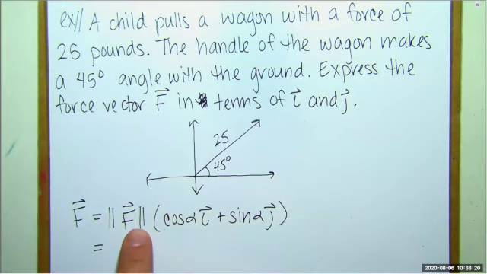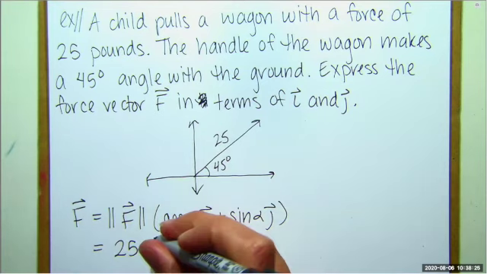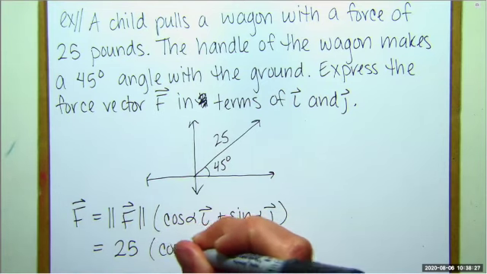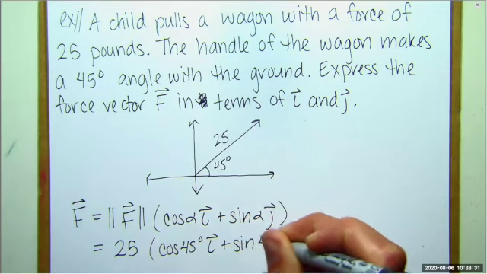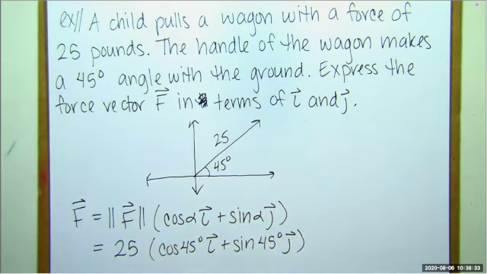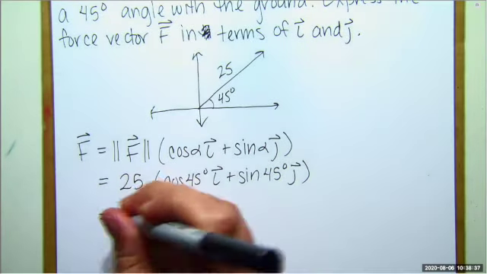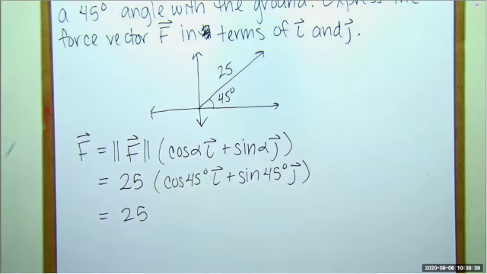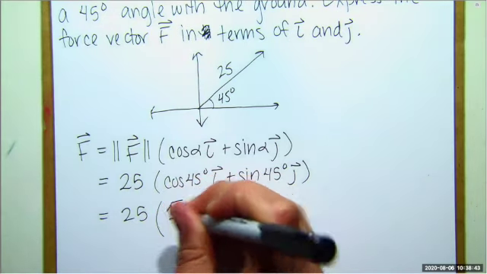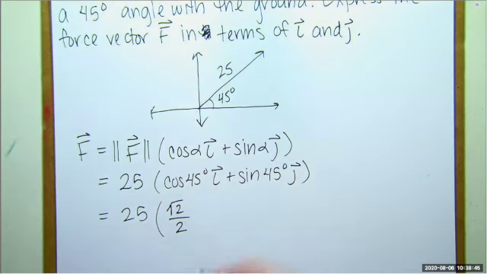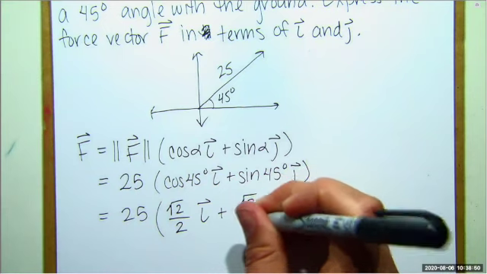So the magnitude was 25 pounds and our angle was 45. We know from all of our work this semester that cosine of 45 is 1 over root 2, or rationalizing to make this easier, root 2 over 2. Sine of 45 is also root 2 over 2.